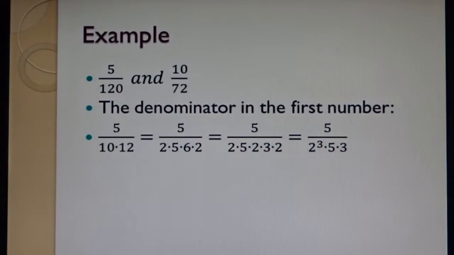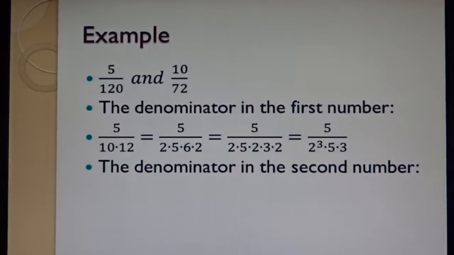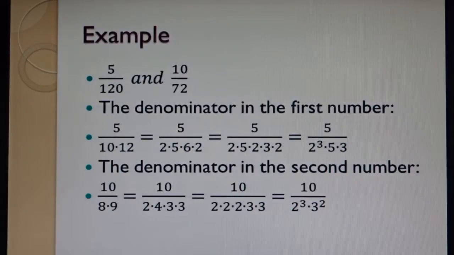Now we're going to work with the 10 over 72. The denominator in the second number, we're going to break 72 up. That's 8 and 9. 8 is 2 and 4. 9 is 3 and 3. 4 breaks up into 2 and 2.